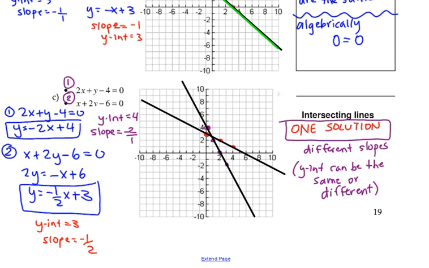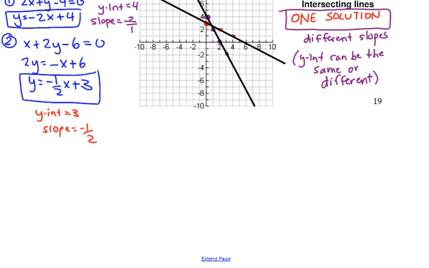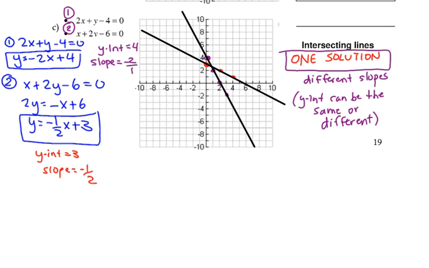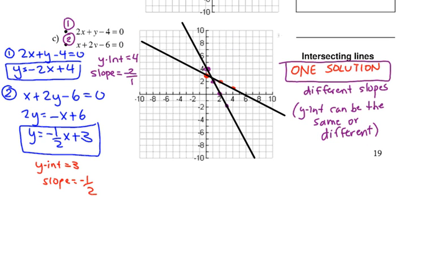Okay, so you can finish drawing that. So just a little side note, maybe you can write at the bottom of your page or the top of your page. The easiest way to tell if there's one solution, no solution, or infinite solutions is to do what? What did we do in all 3 of these situations? Put it into y equals mx plus b, and look at the slope.